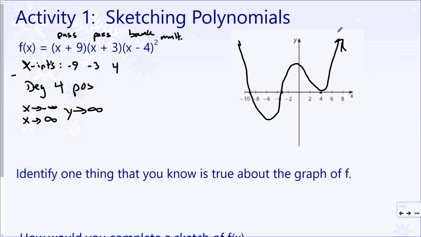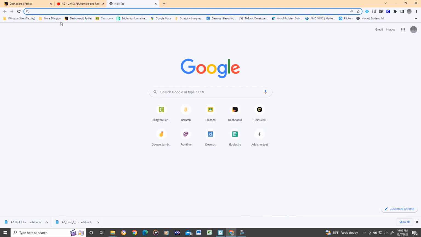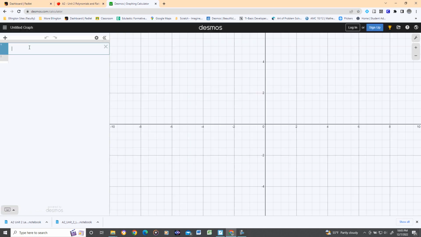Okay, so let's take a look at the actual graph itself. So I'm going to see if I can do this here. Do this, and here we go. Recording. You can see my lovely computer screen. Here's my Desmos graphing calculator. X minus 9.